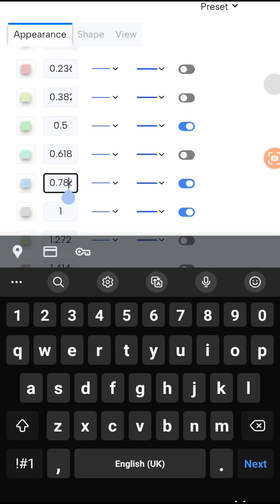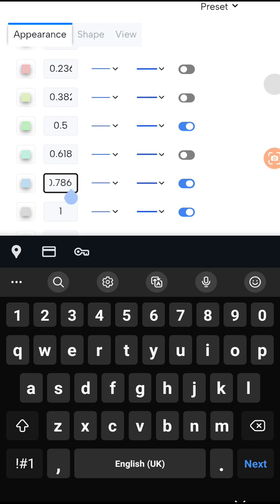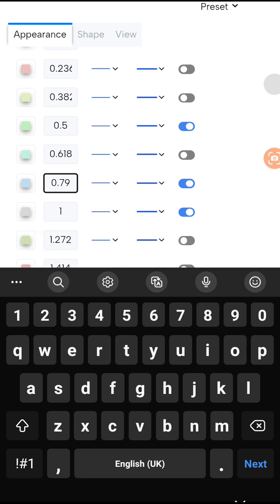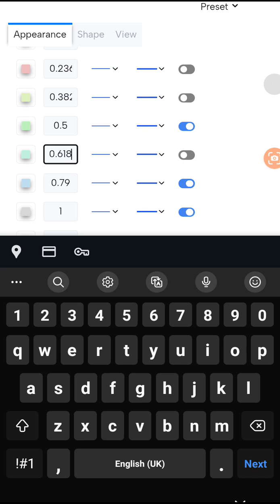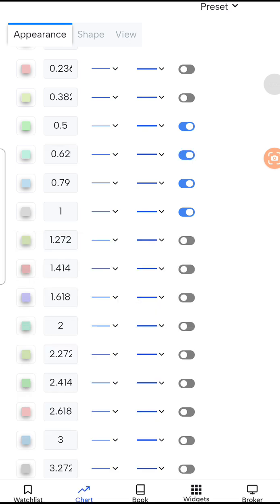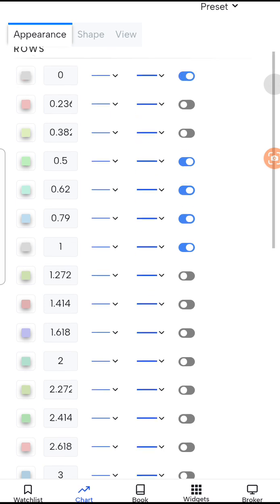To me, I like to use these 0.79, I round it off, these to 0.62, rounding it off, putting it on, and 0.705, we don't really have it.